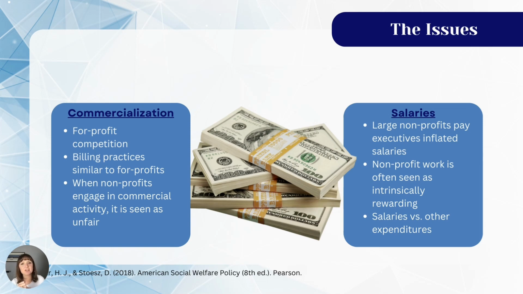In our book, it touched on those issues by saying a lot of these super large nonprofits like the Bill and Melinda Gates Foundation can pay their executives these huge, inflated salaries. So in the cases of these giant nonprofits, people are getting rich.